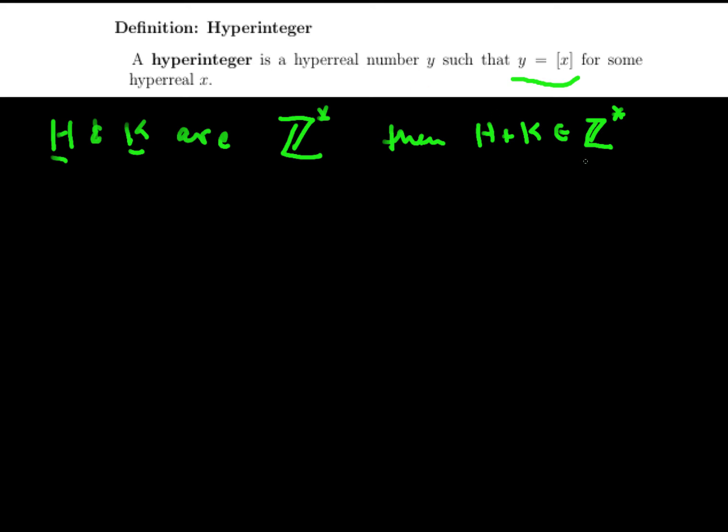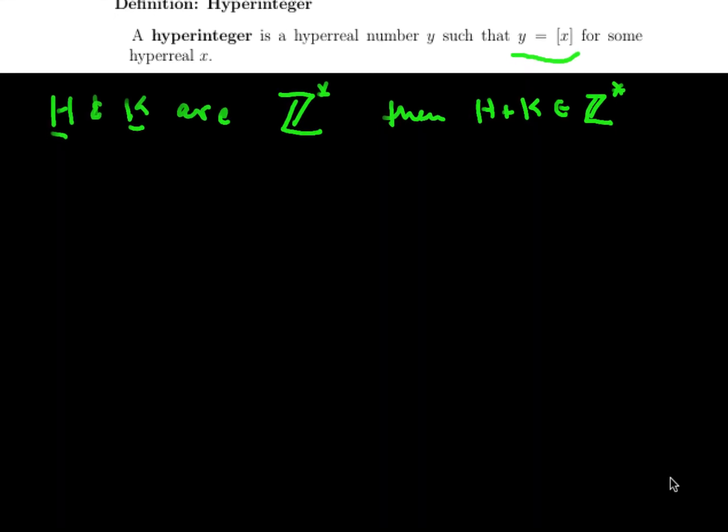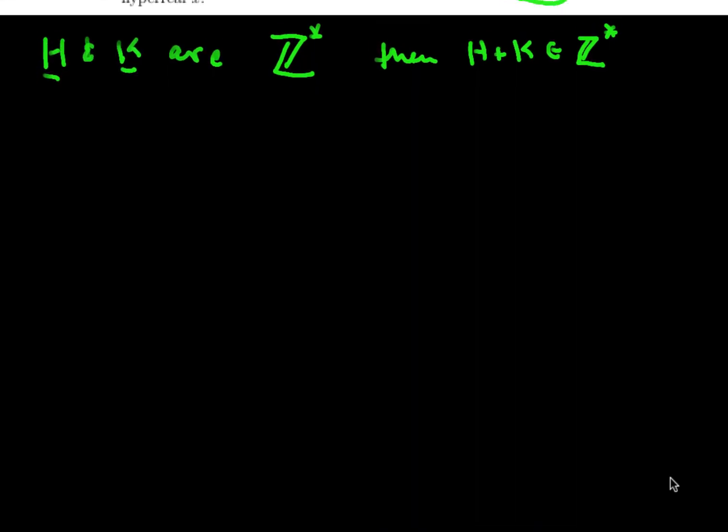Okay, this may have seemed to come out of left field. Why do we care about these hyperintegers? Well, they're going to be important for defining infinite partitions. So let's first talk about what a finite partition would be.